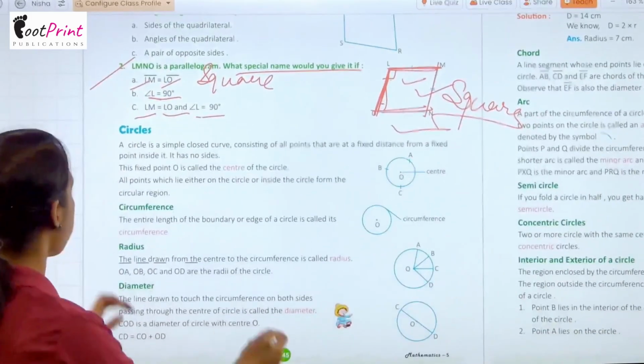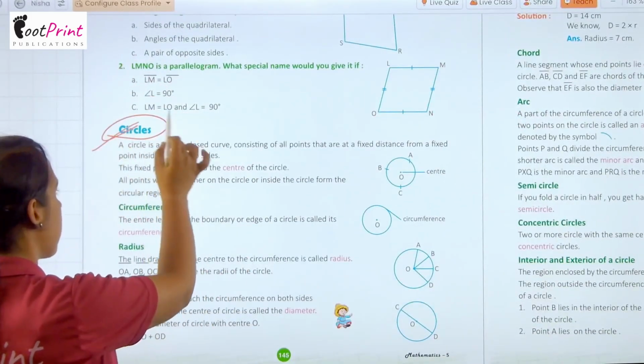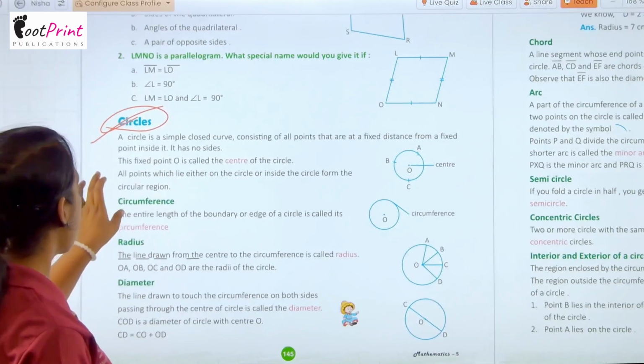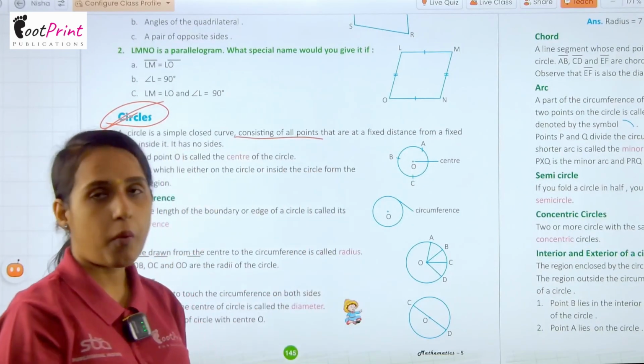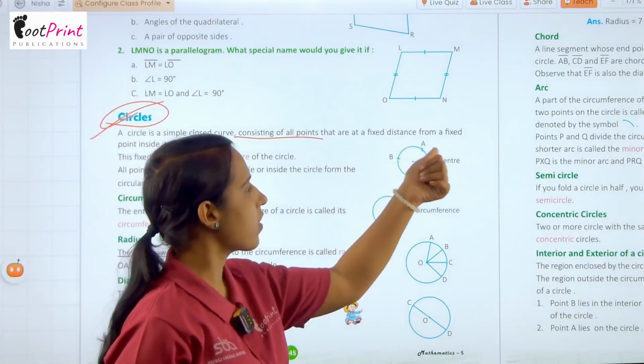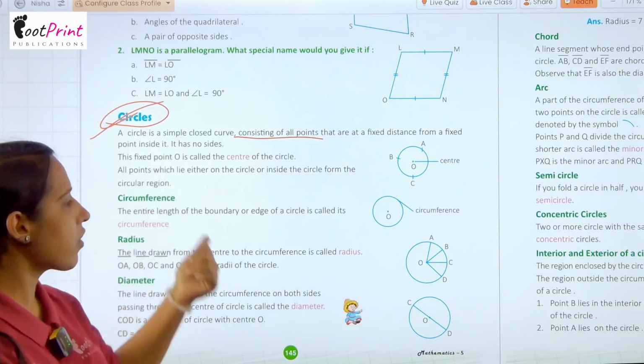Now we have the next figure, that is circles. So what is a circle? Let's see here. A circle is a simple closed curve consisting of all points that are at a fixed distance from a fixed point inside it, and it has no sides.